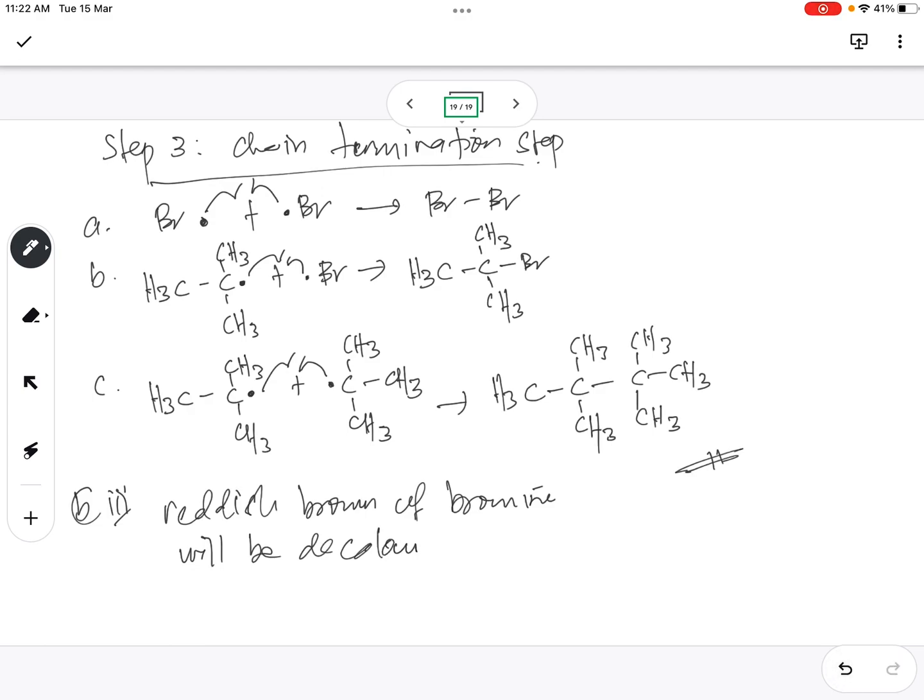Right? If you put the alkane under sunlight, you find the bromine, which is reddish brown, will be decolorized or turn colorless.